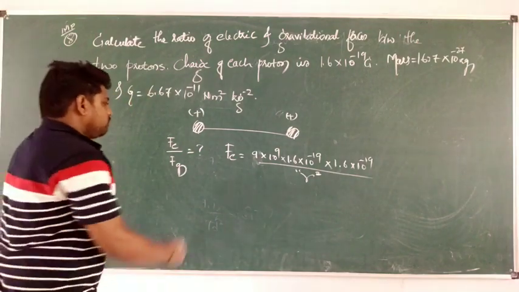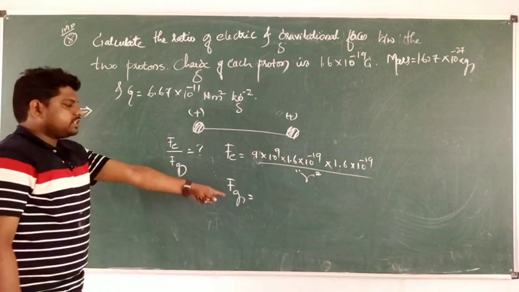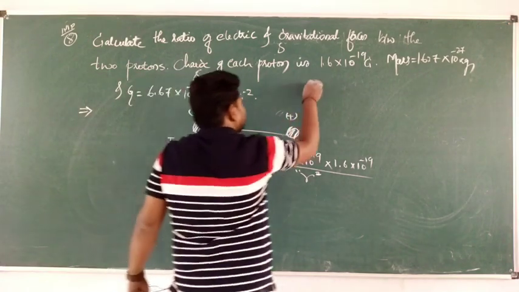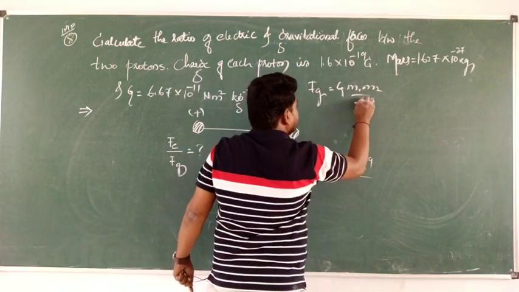Fine. Now, the gravitational force between the two charges, Fg, is given by G m1 m2 divided by R square.